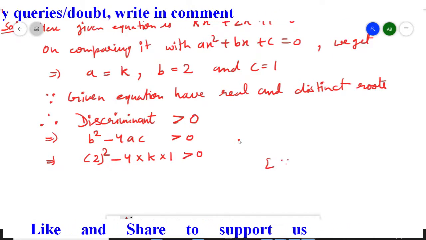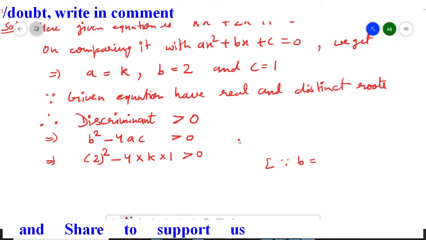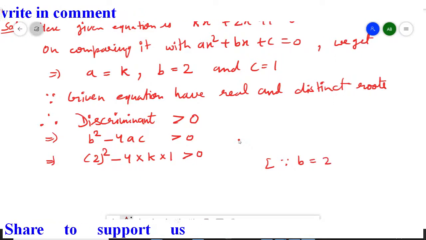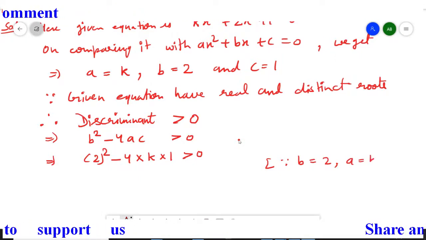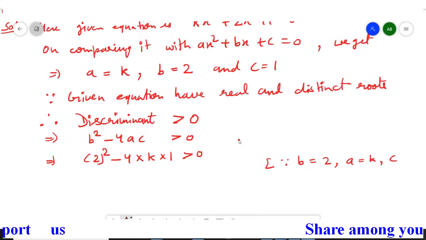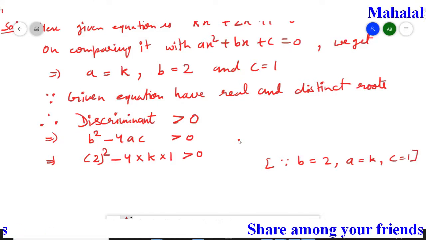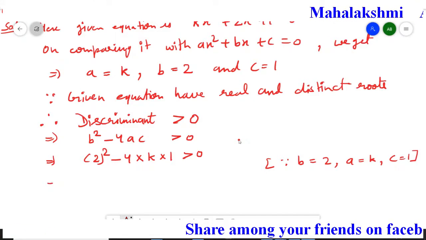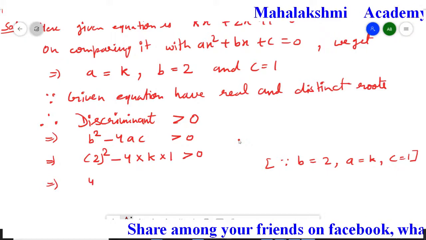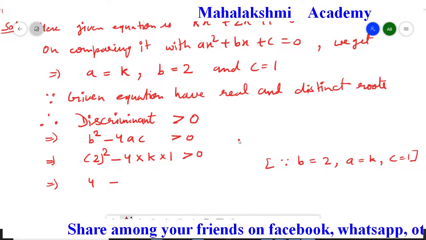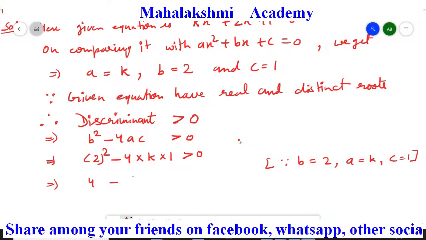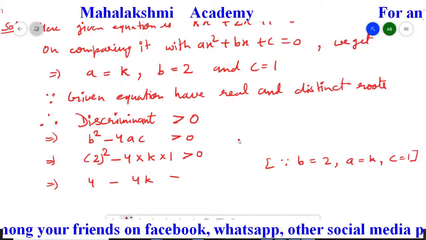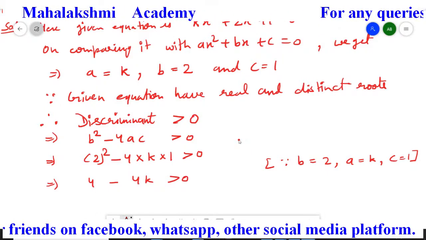Because the values we calculated are b is 2, a is k and c is 1. Now we'll simplify it. 2 square is 4, and minus 4ac is going to be minus 4k, then greater than 0.